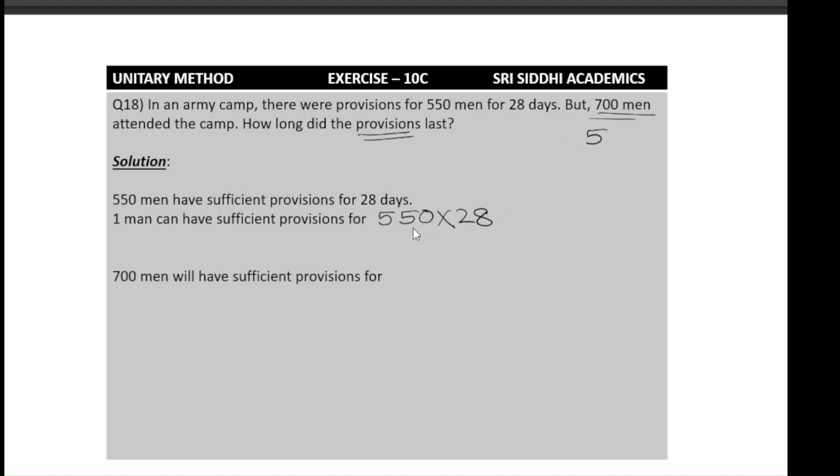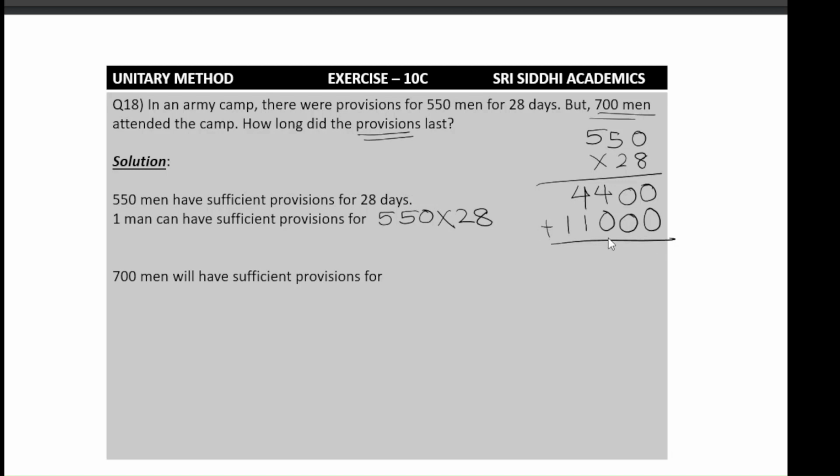So here we need to multiply 550 with 28. Let's multiply and see what the answer is. 8 zeros are 0, 8 fives are 40, 4 carried over, then 8 fives are 40, plus the carried over 4, it becomes 44. Then put a 0 across here, no problem. 2 zeros are 0, 2 fives are 10, again 2 fives are 10, and 1 carried over, so it will be 11.